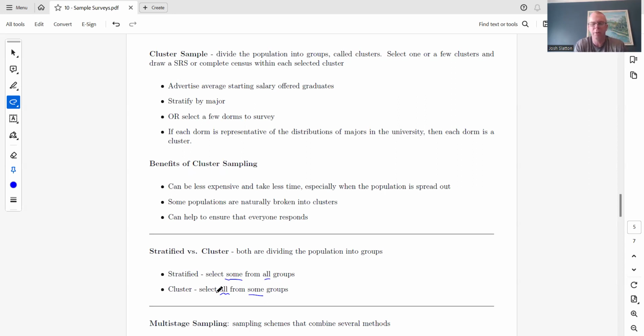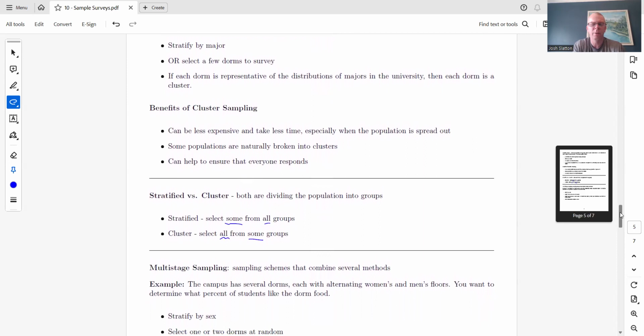So with cluster, you could still do SRS. You don't necessarily have to get all, but the main part is with stratified, you go to all the groups. With cluster, you go to some of the groups. So those are the two that are pretty similar, at least on the surface when you're first looking at these. So try to figure out a way to make sure you can tell the difference.